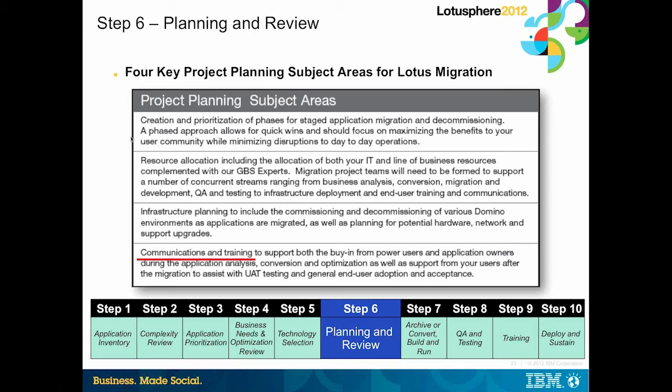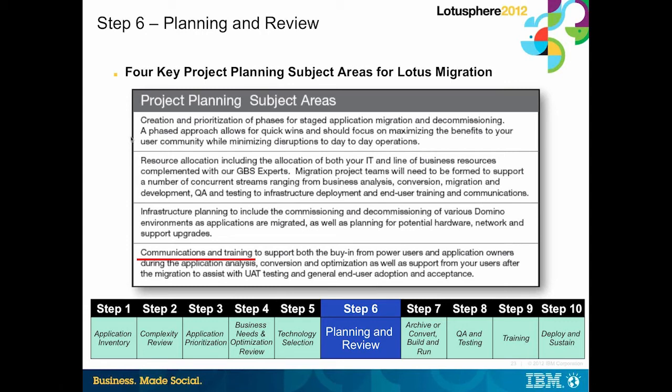We've identified the 4 key planning subject areas. Creation and prioritization of the phases is absolutely critical. Resource allocation certainly can't be downplayed. What are our existing resources? How many administrators do we have? How many developers do we have? Do we have enough administrators and developers who, by the way, have to continue doing their day job, to help in this migration effort?